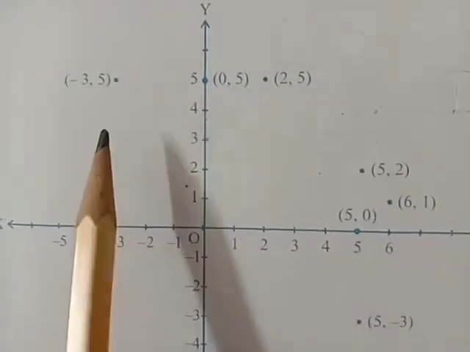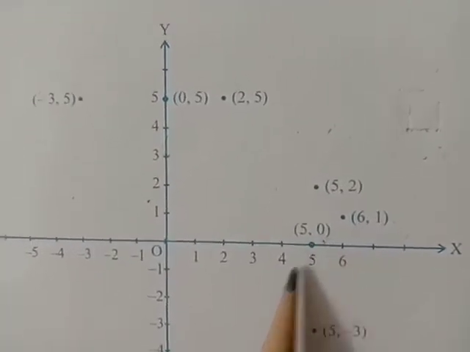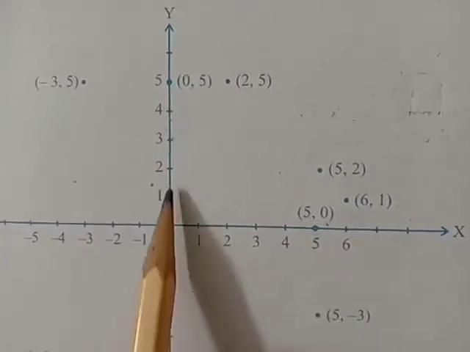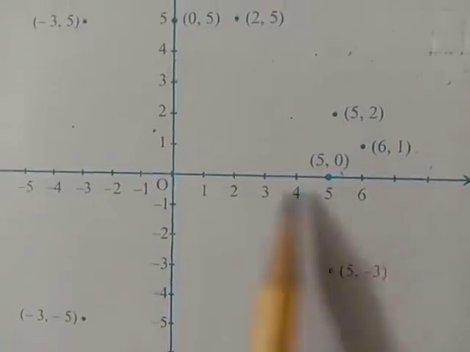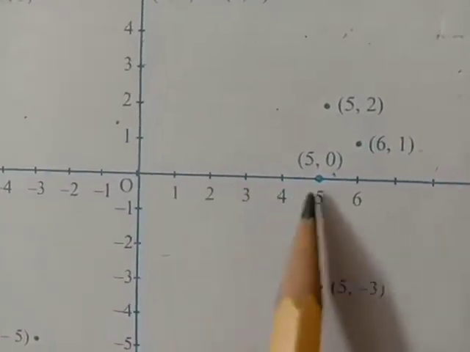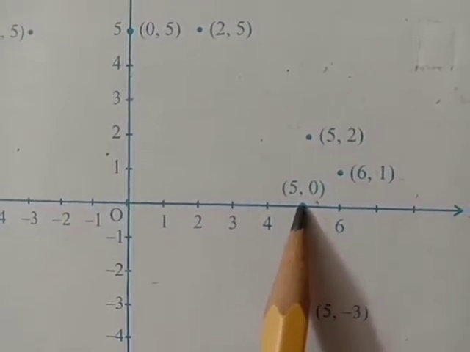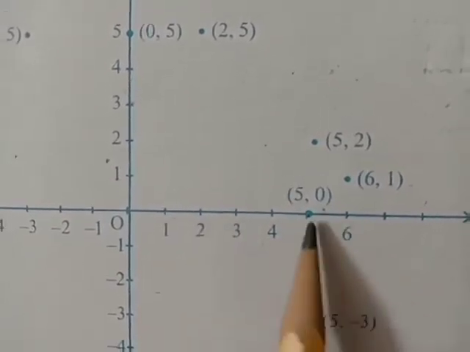Now let's try to plot (5, 0) first, on the number line. First is 5 units. So if you measure from this y-axis, take 5 units and mark that point. And the y ordinate is 0, so it is on the x-axis itself.